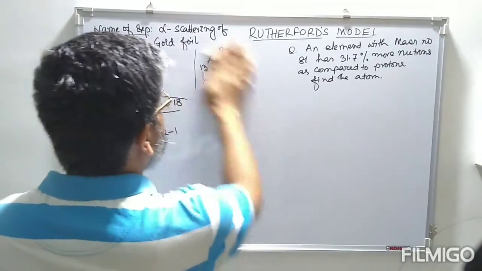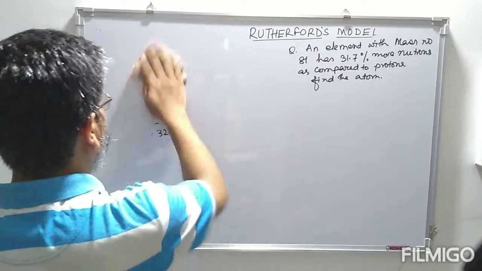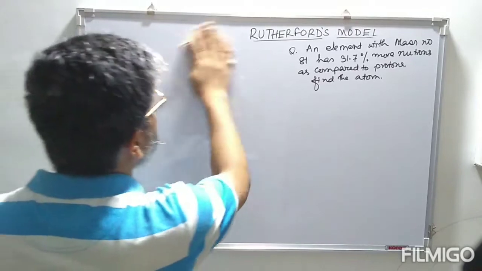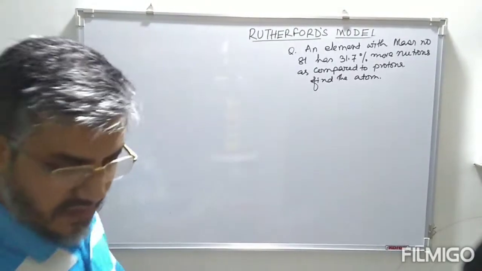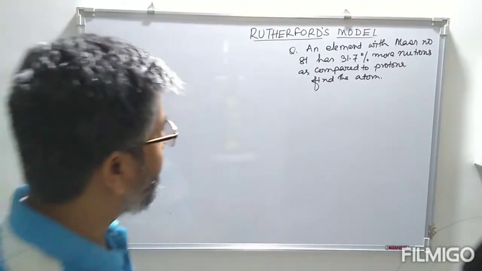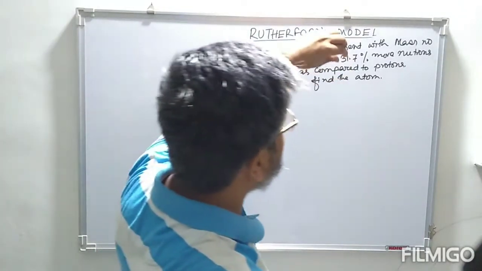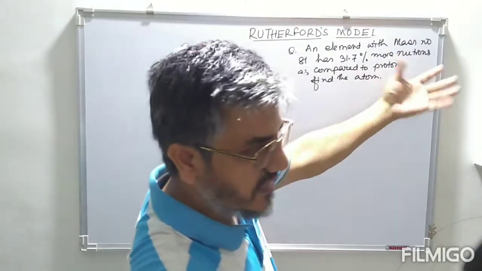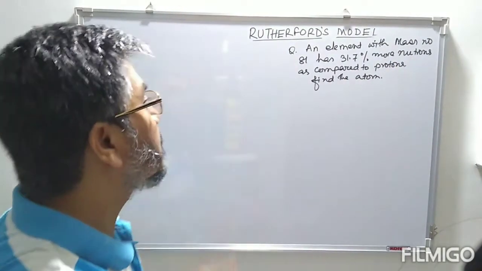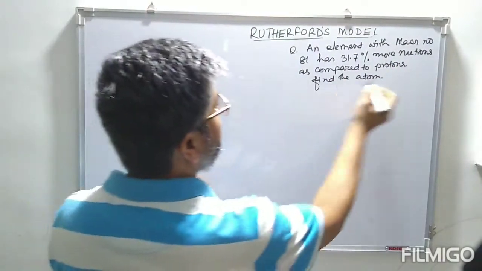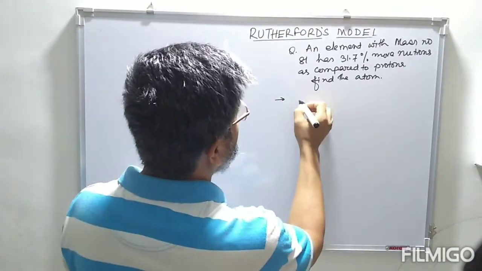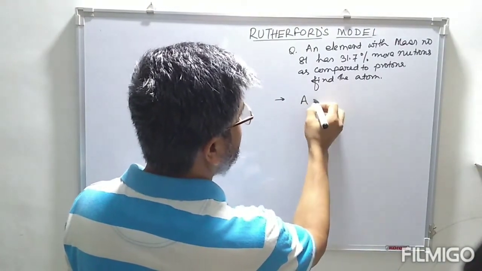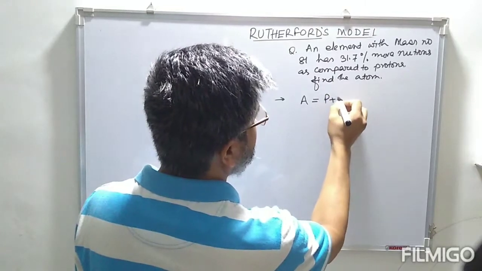So if you look at this condition, it says we have an atom of a given element whose mass number is 81, but there are 31.7% more neutrons as compared to the protons. So therefore, look at this mass number, that is A. A is equal to protons plus neutrons.